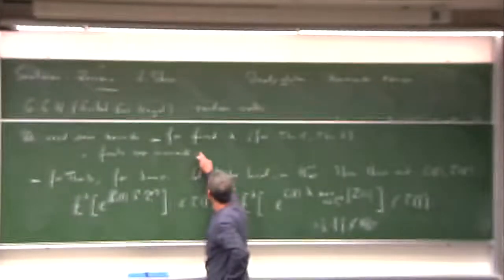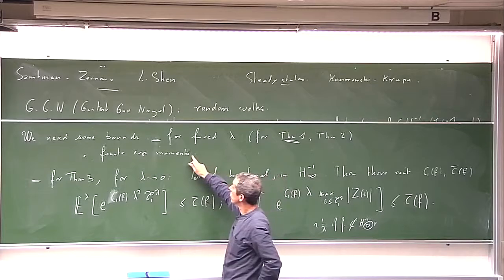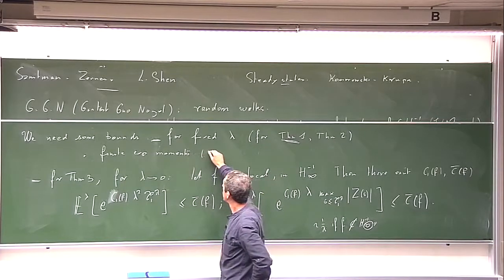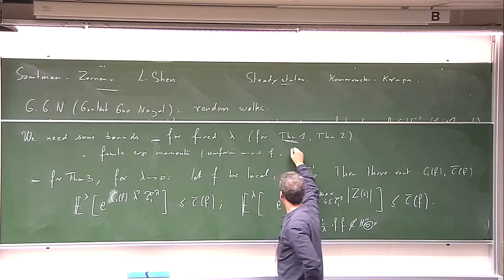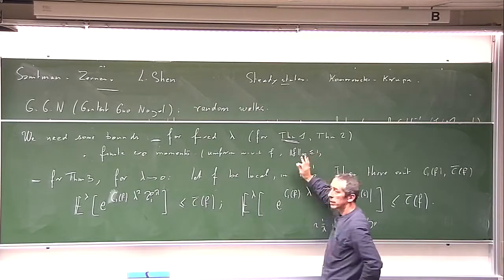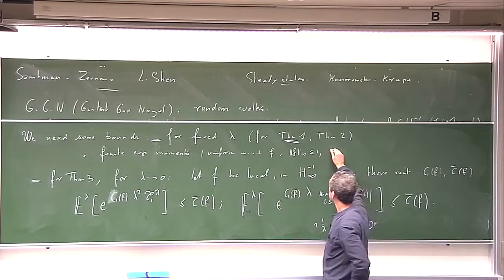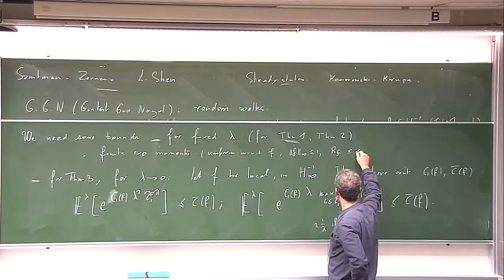This is when you want to get theorem 1, and then you have to know more. You have to know that this is uniform with respect to F: if you have a uniform control on the L-infinity norm of F, and also if you know that the range of dependence of F is less than some constant.